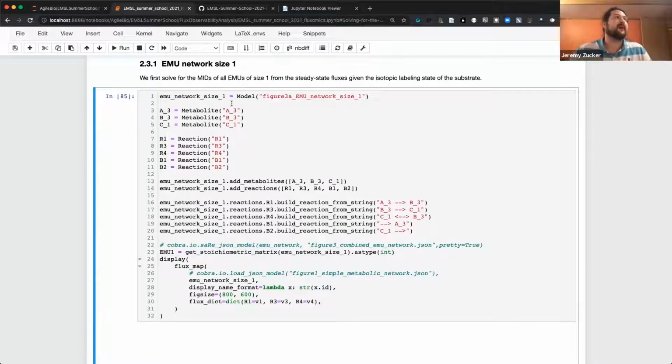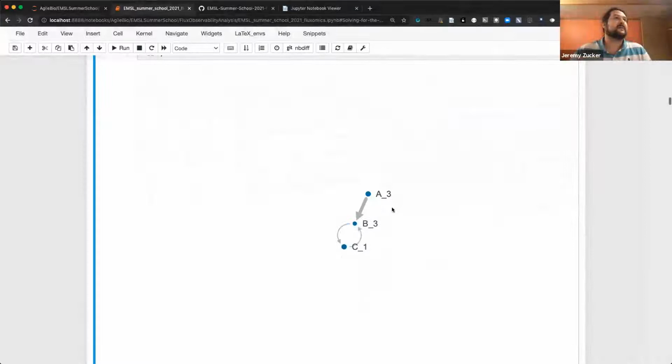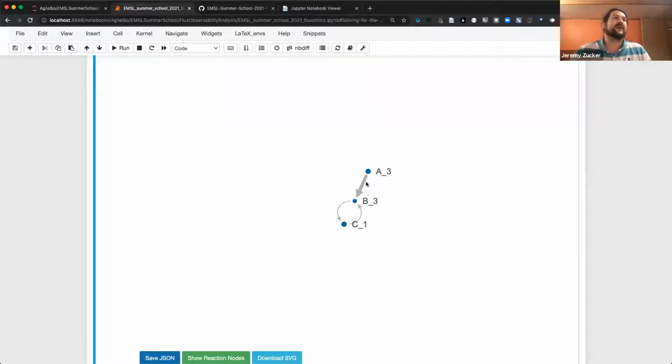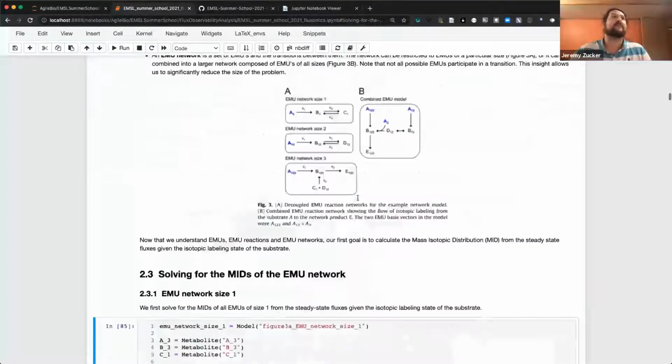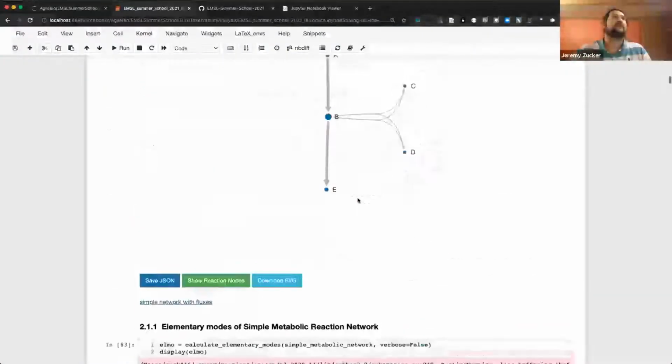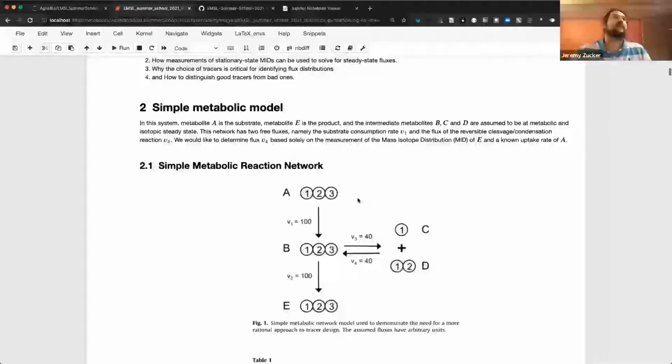There are three EMUs, and actually only 3 reactions. These B1s don't really count. And this is what it looks like. So you have A3 going to B3, and then B3 going to C1, C1 going back to B3. And these fluxes are determined by the fluxes from the original diagram.